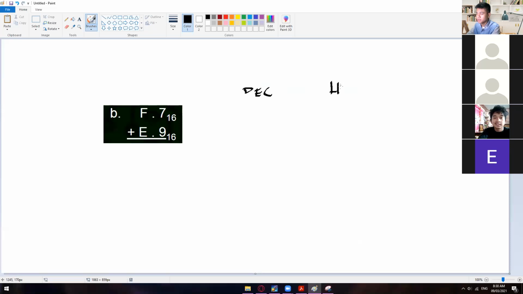So 0 to 9 is the same with hexadecimal. But once we reach 10 to 15, it's already the one that we are calling A to F. All right, so can you guys still recall this one? 0 to 9, 10 to 15, and then 10 to 15 is A to F.